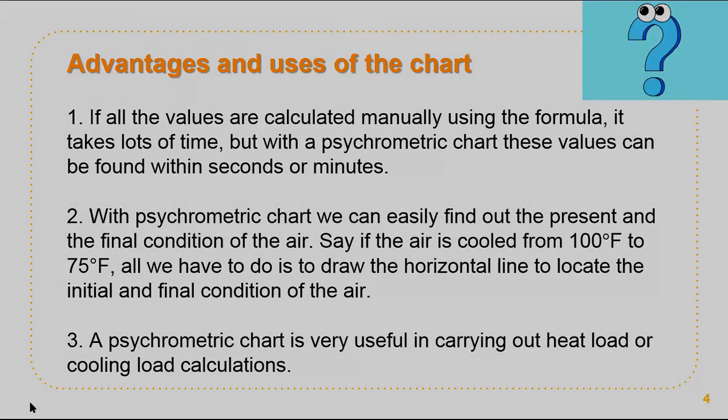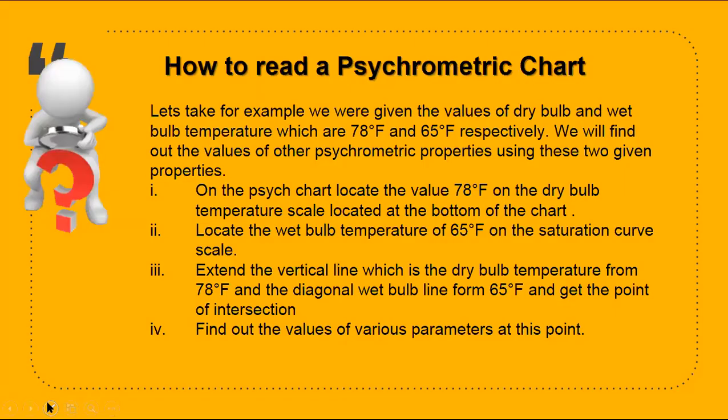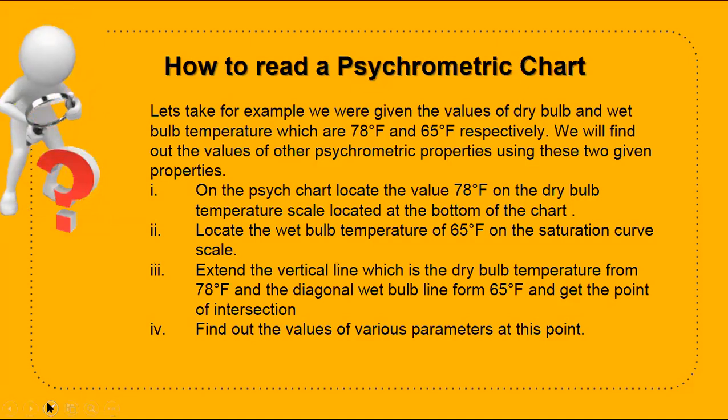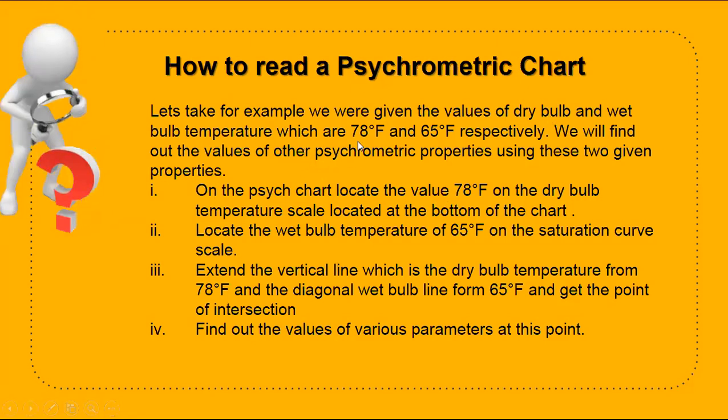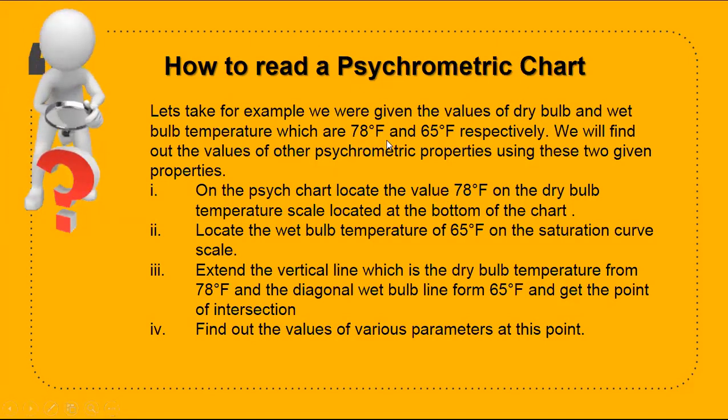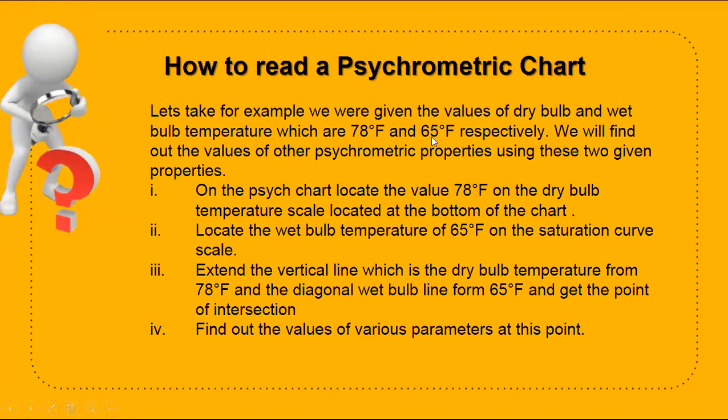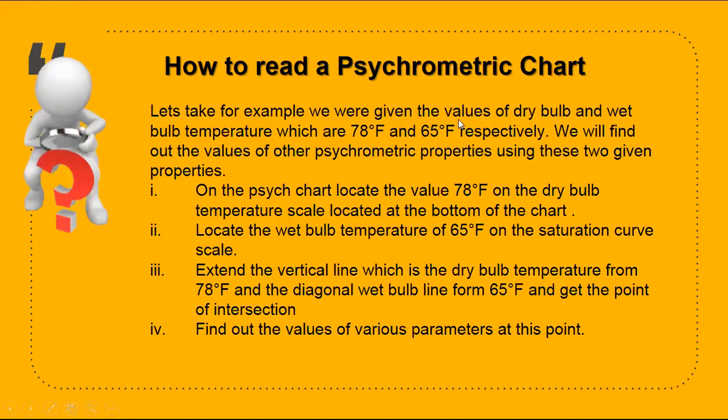Now, we move on. How do we read from a psychrometric chart? Let's take, for example, you're given values of dry bulb and wet bulb temperatures, which are, let's say, for the dry bulb temperature, 78 degree Fahrenheit, and for the wet bulb temperature, 65 degree Fahrenheit, respectively.